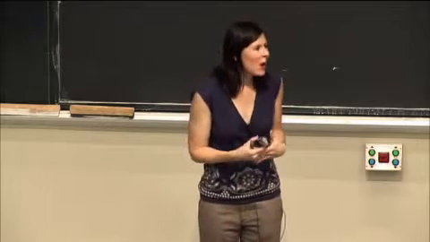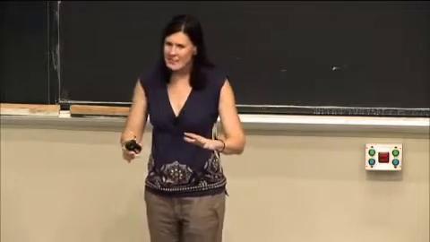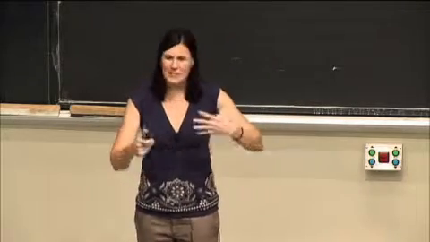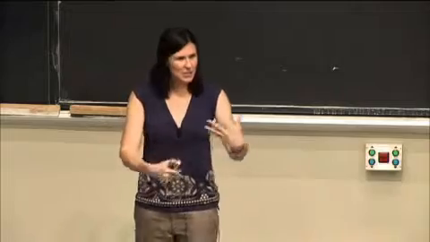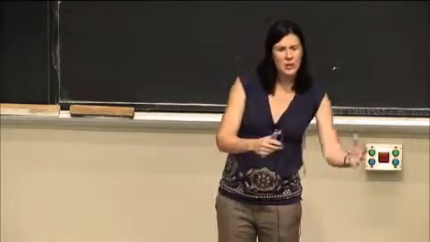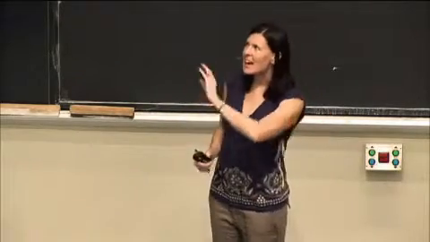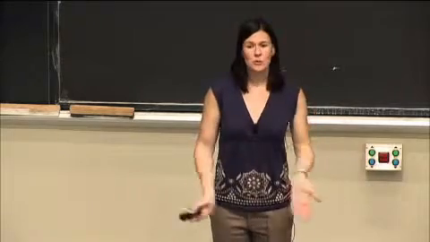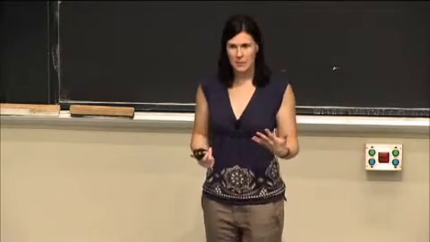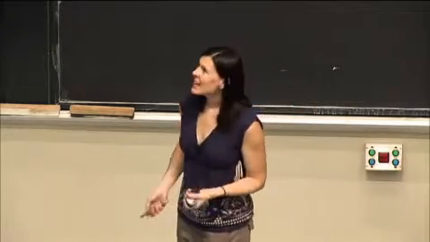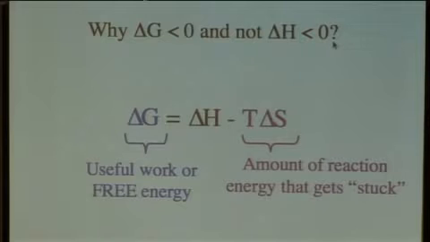For example, molecules, which we don't really go into in this class, have vibrational movements and rotational movements, and there's energy associated with that which can sort of get stuck, as we could say, some of the enthalpy that's released in forming and breaking the bonds in our reaction. So that's a case where we could see that we have a negative delta H, but we still end up with a positive delta G. And again, I haven't really gone into what entropy is yet, and we will in just a few minutes.